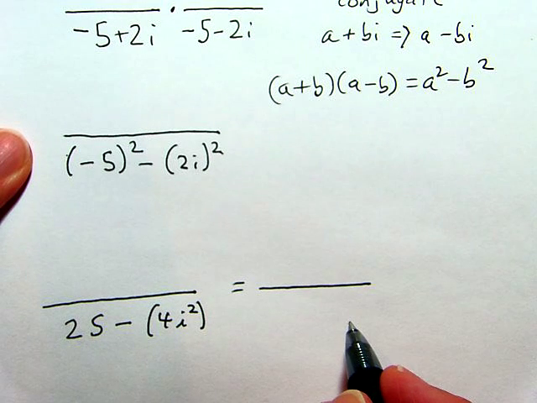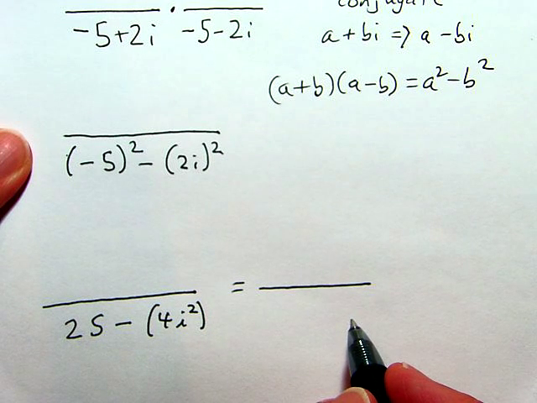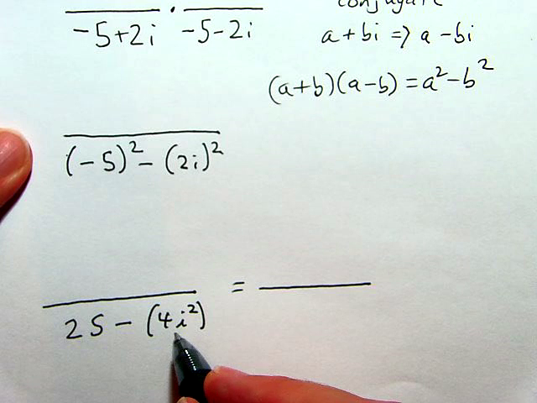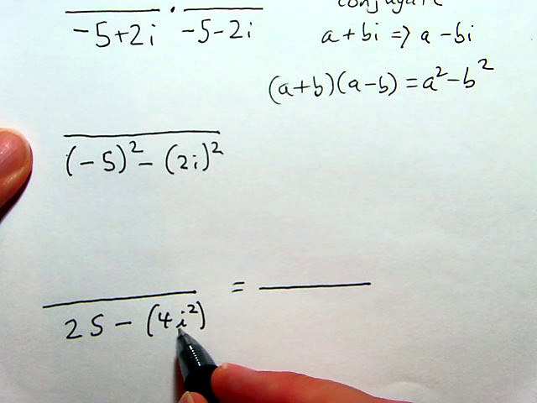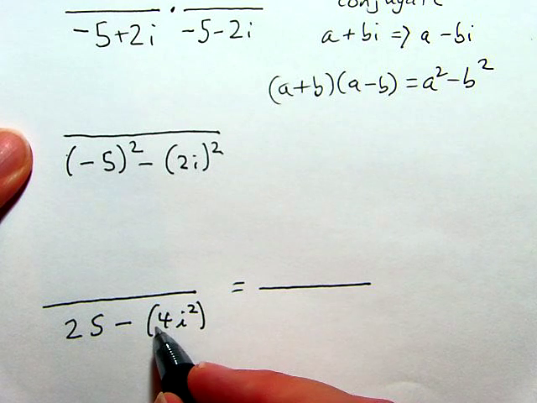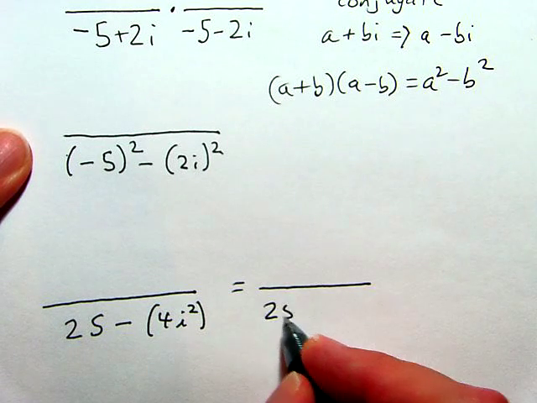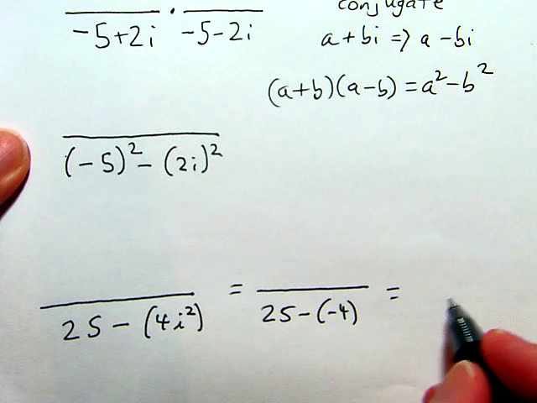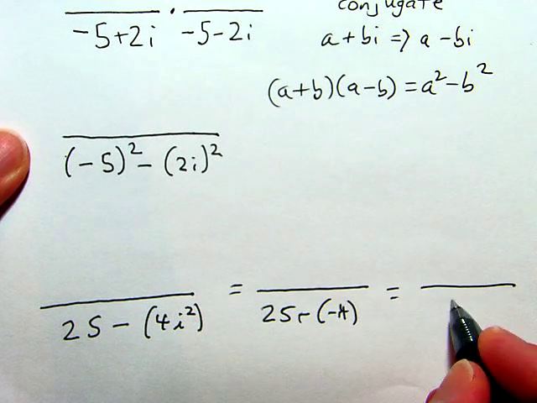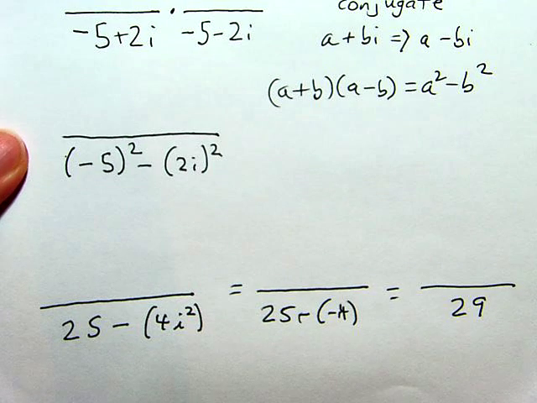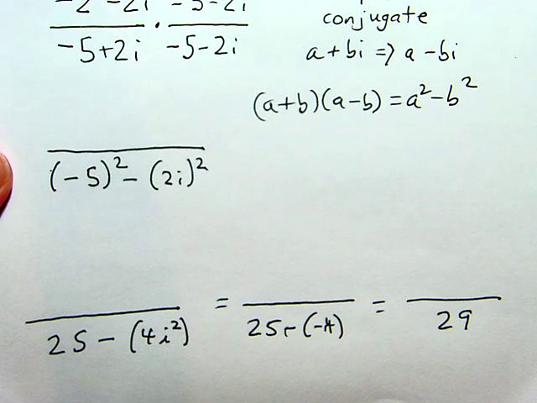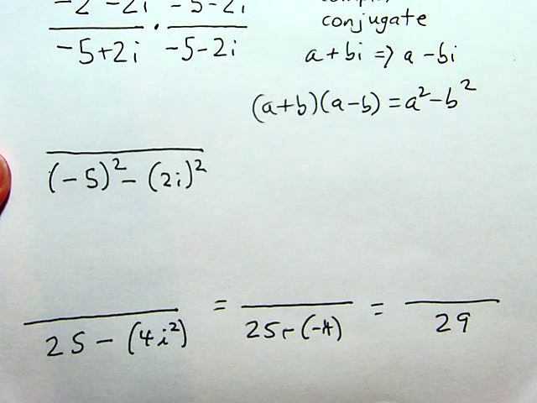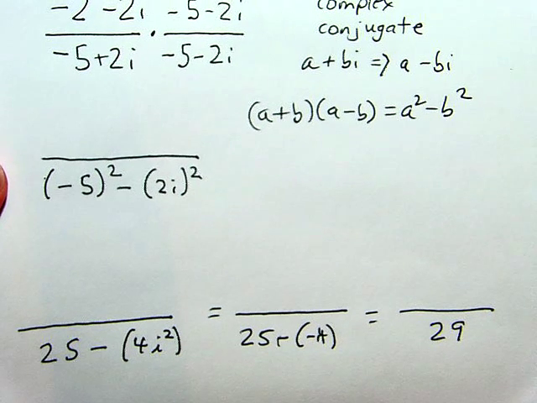We can go ahead and simplify 4i squared. i squared is negative 1. Times 4 makes it negative 4. So we have 25 minus a negative 4, which is the same thing as 25 plus 4, 29. So we know our denominator is going to be 29. We've already solved that part.